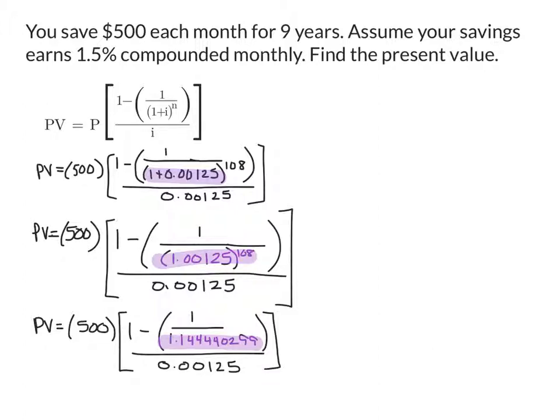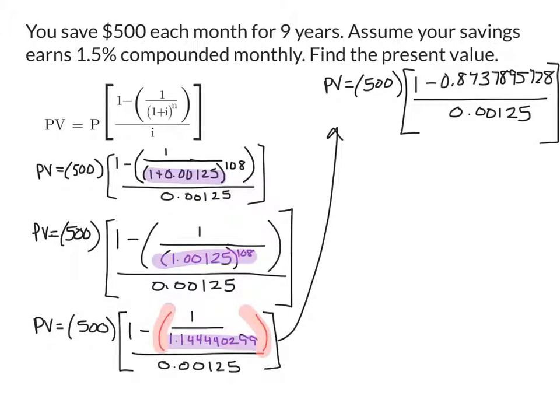1.144440299. Next, we're going to do 1 divided by that number. So notice now we're working within these parentheses. When you divide, you get 0.8737895728. Now, you're going to want to write each of these steps out on paper because you have to do 1 minus that decimal next.